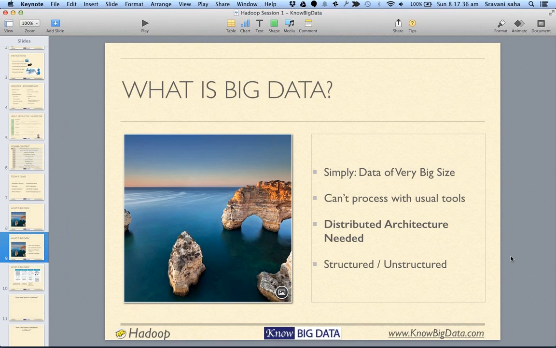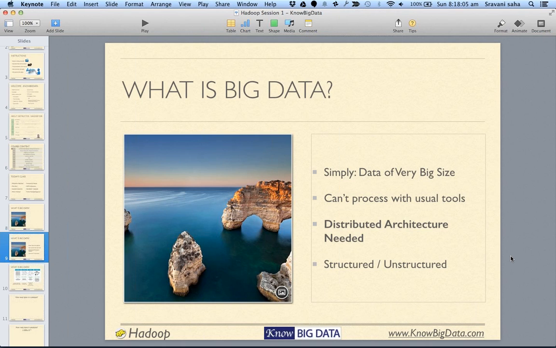As you can see, the first point, data of very big size, does not mean much. You might ask, how big? Does it mean 1 terabyte? 100 terabytes? Or 1 gigabyte? And the second point, cannot process with usual tools. What does it mean by usual tools? Third is structured and unstructured, which essentially means all kinds of data.